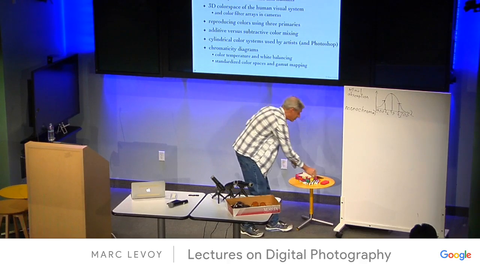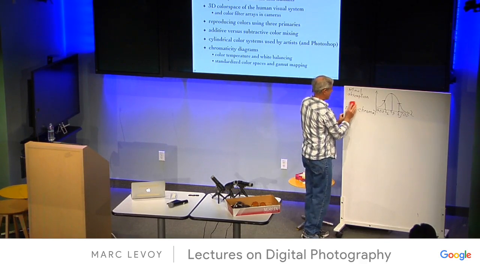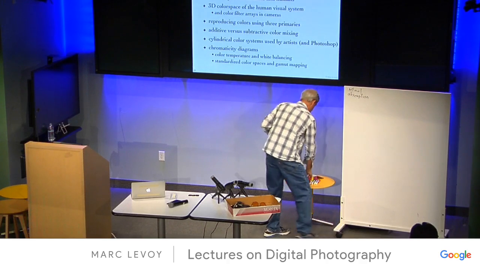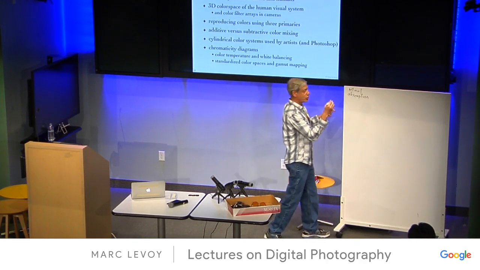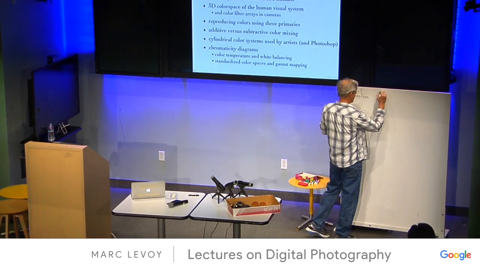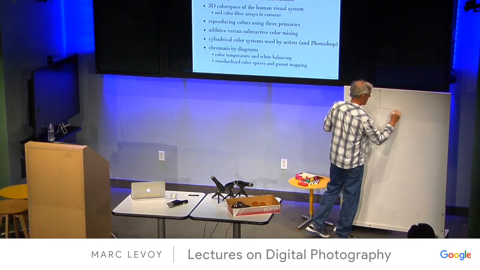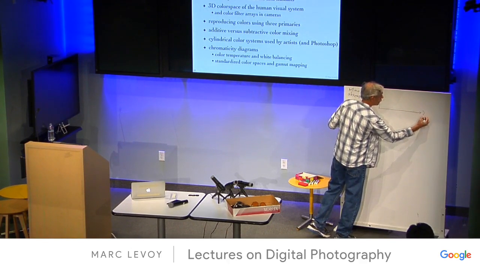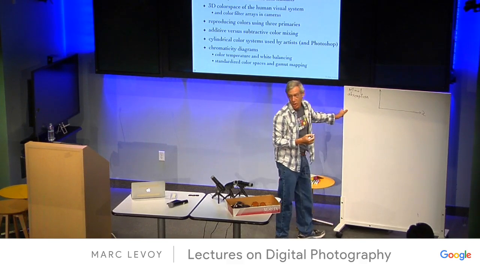All right, so let's go on to animals that have two receptor systems instead of one. So let's say we're designing a dog.